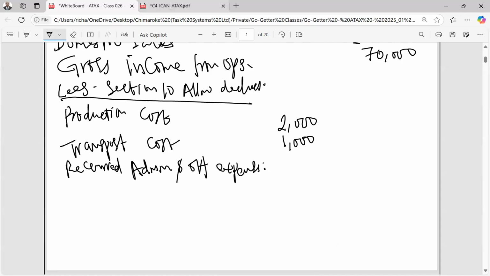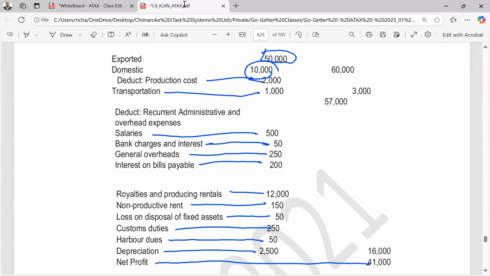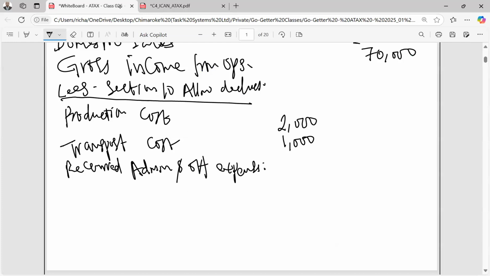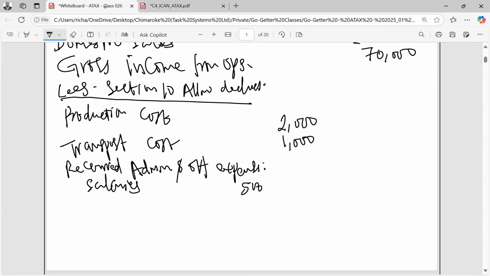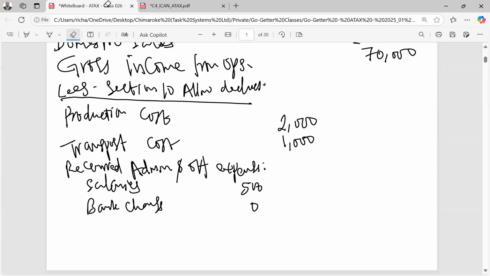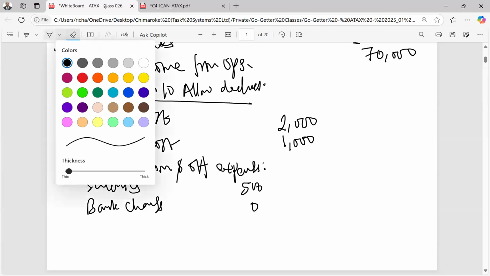Let's see. The first one is salaries, 500. Salaries, let's say 500. We have here bank charges and interest 50. Bank charges 50. You write it well. 50.